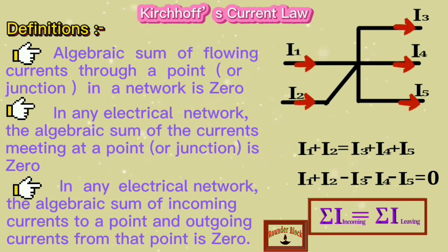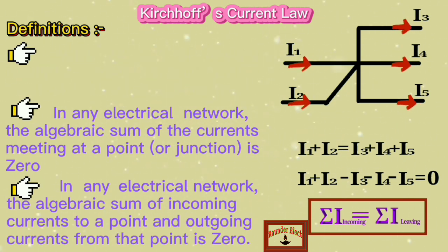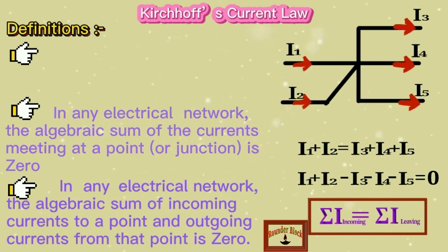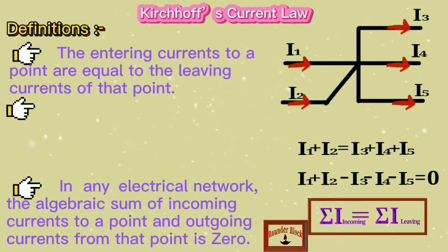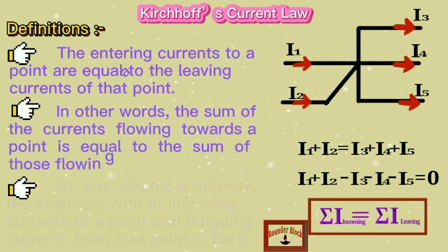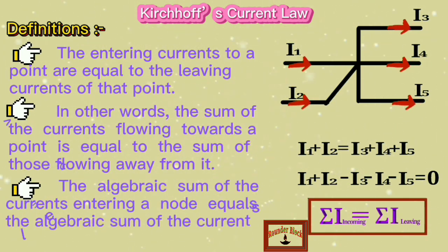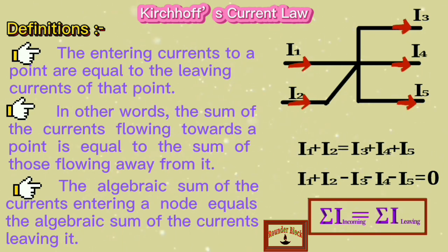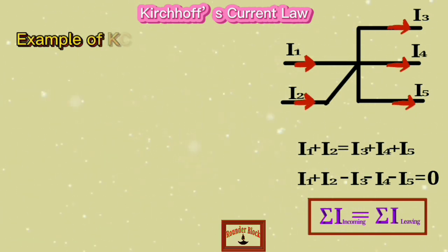Or, the algebraic sum of incoming currents to a point and outgoing currents from that point is 0. Or, the entering currents to a point are equal to the leaving currents of that point. In other words, the sum of the currents flowing towards a point is equal to the sum of those flowing away from it. Or, the algebraic sum of the currents entering a node equals the algebraic sum of the currents leaving it.